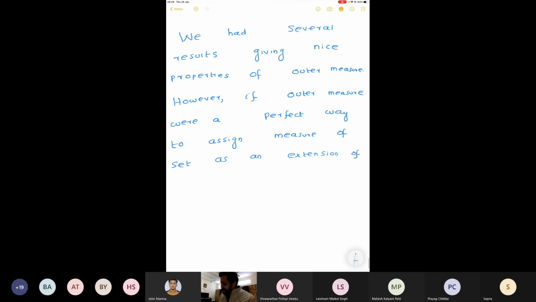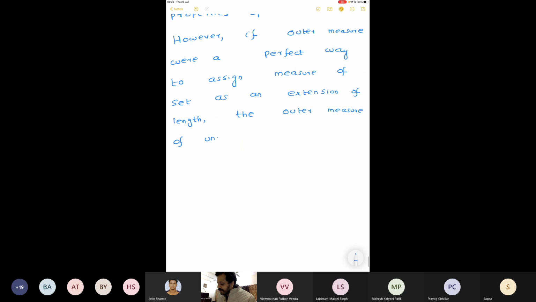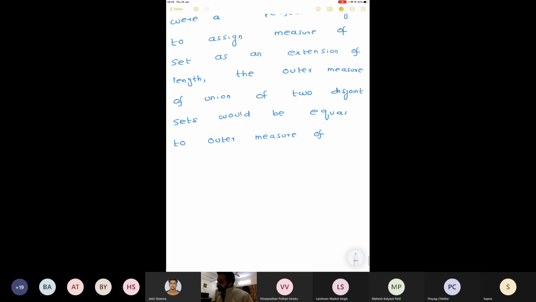then what we would have expected, as an extension of length, is that the outer measure of the union of, forget about countable, the union of two disjoint sets would be equal to the sum of the outer measures of each set.